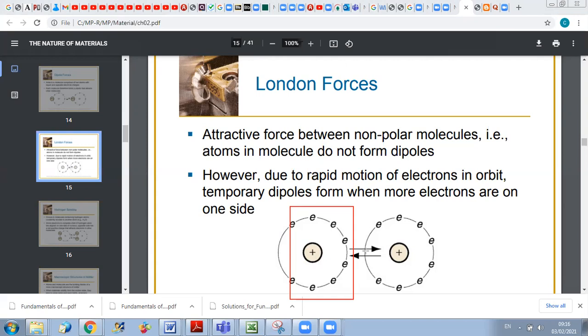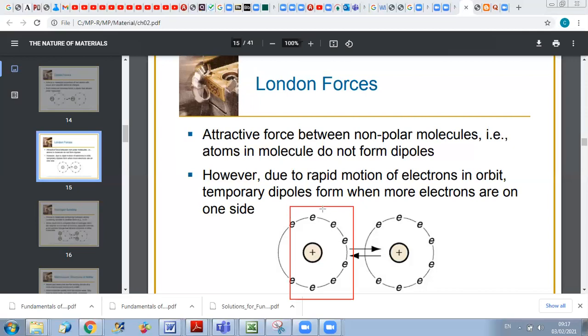If you look at the molecule overall, it's a non-polar molecule. But due to motion of electrons, you can have a new dispersion of electrons, and it's not a permanent force. In general, London forces are weak, because this position of electrons is not permanent.